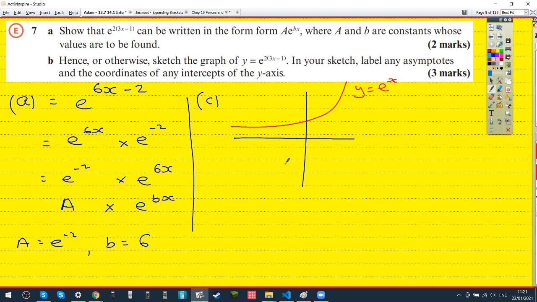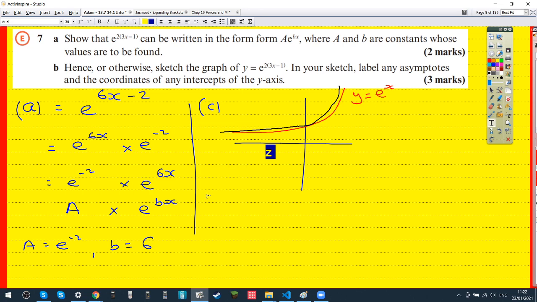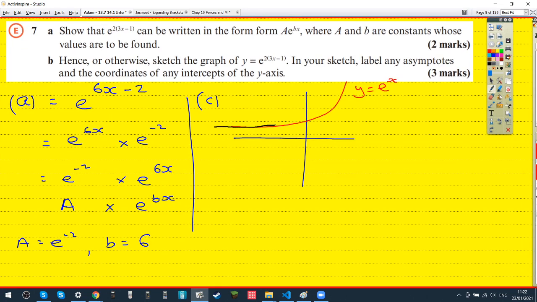It would be going the same direction, just a lot steeper once it crosses the y-axis. Yeah. So that's y equals e to the 6x.